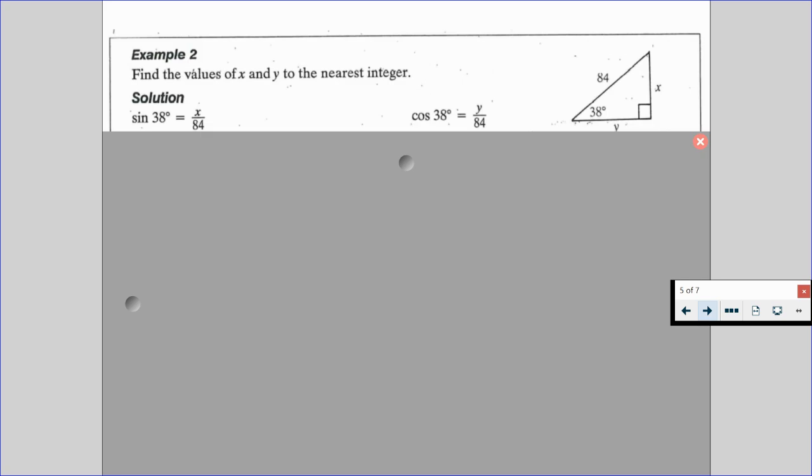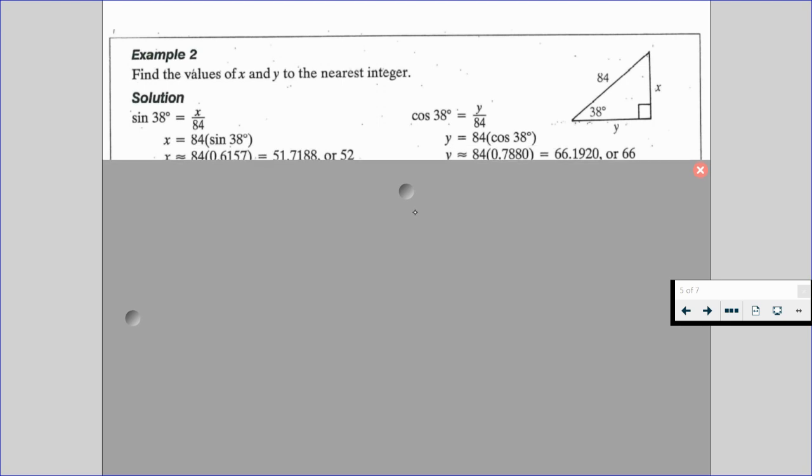In example number 2, we are asked to find the values of x and y to the nearest integer. So we have sine of 38 is equal to x over 84. We're given our degree is 38. And the sine is our opposite over hypotenuse, so x is the opposite, and 84 is the length of the hypotenuse. Cosine of 38 is going to be equal to y over 84. And as we saw here, x would then be equal to 84 times the sine of 38, and y would be equal to 84 times the cosine of 38, because we're getting those variables all by themselves.